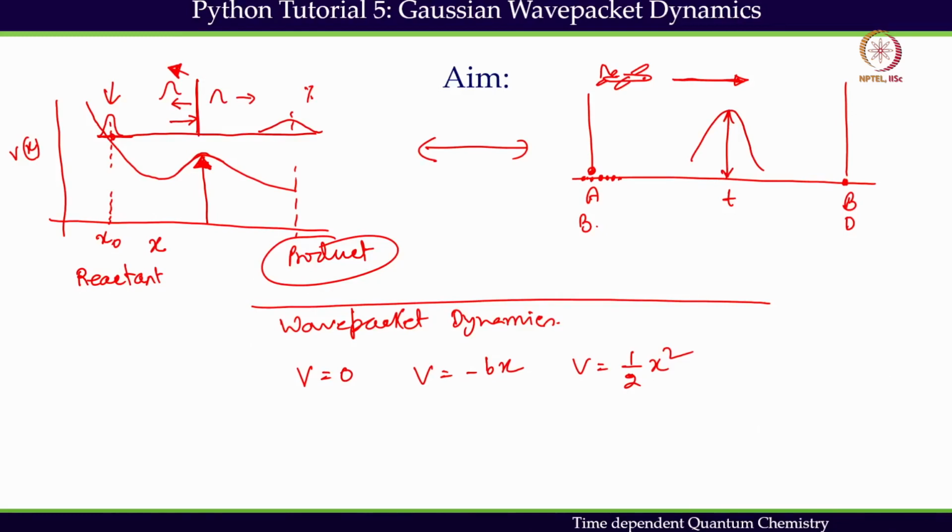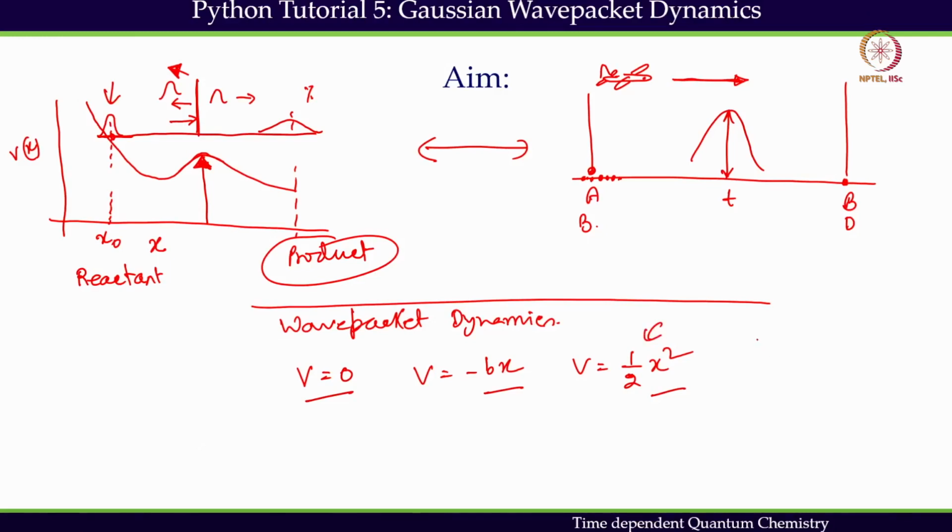But if we go beyond this quadratic potential, linear potential, or zero potential, you need to solve it numerically. In practical situations we do not get a linear potential, we do not even get a quadratic potential.